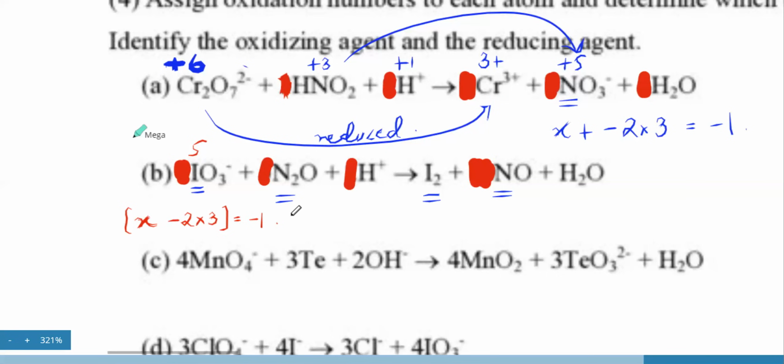Is it like X for that one? Like N2 is like 2, but n is the unknown, right? So yeah, it's going to be x, but there are two n's, right? So it's going to be 2x. And O is minus 2, and it should be equal to 0.